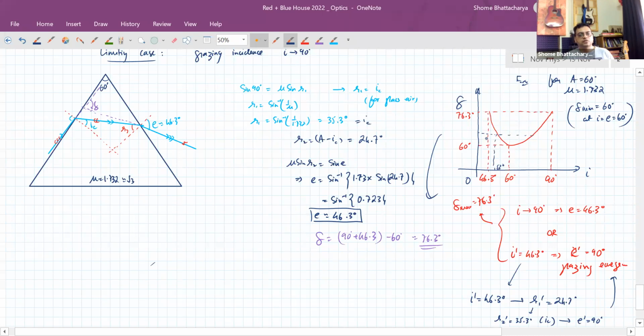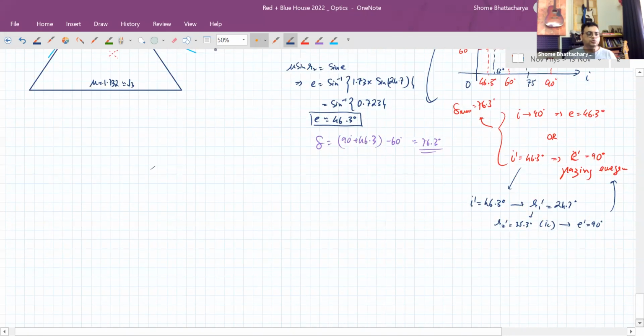Or if you take something else like 47 degrees or 50 degrees, or if you take angle of incidence as maybe 75 degrees, then you can check out, you'll get some different value of delta, but it will always be between the maximum and the minimum. So anyway, this is a very simple thing, but the calculation involves a bit of painstaking work, so it takes time to understand this. Okay.